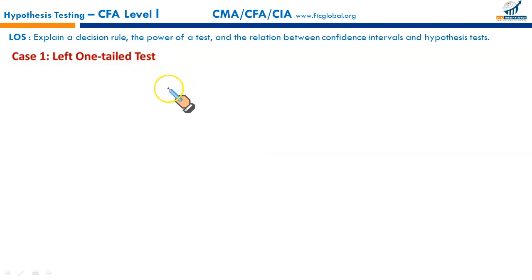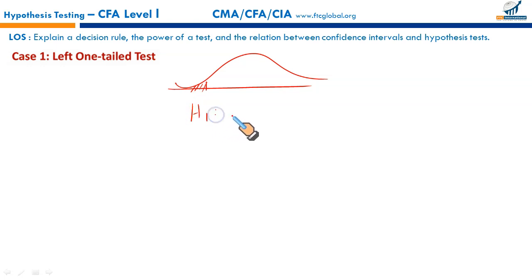Left one-tailed test. We are talking about this. So the decision criteria here is that our alternative hypothesis is that the parameter is less than x. So the decision rule here is reject H0, the null hypothesis, if the test statistic is less than the critical value and it falls here in this rejection region.